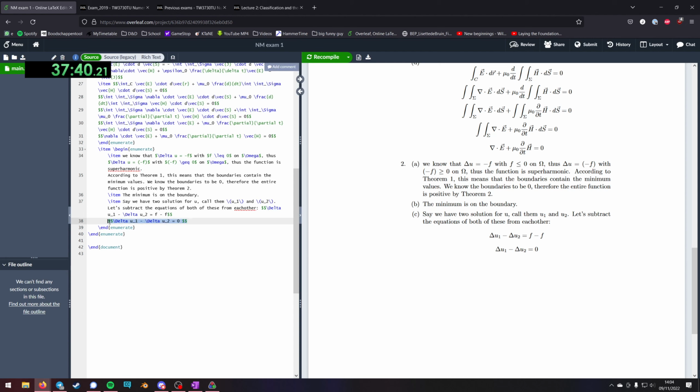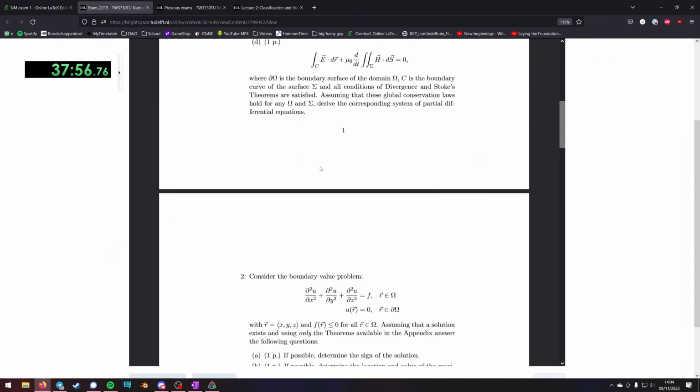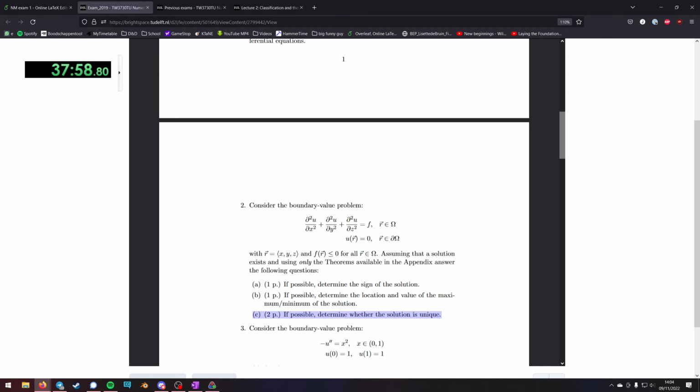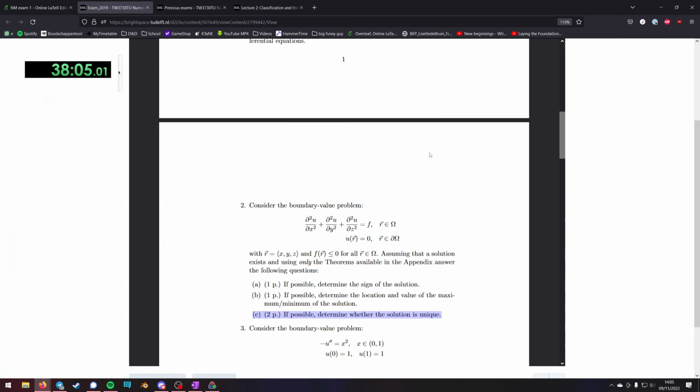I guess at the very least we can say that the delta of the difference is 0, but I don't think this automatically leads to the fact that it's the same function. There's something else to this. So we're sure this is delta? Yeah, I guess.